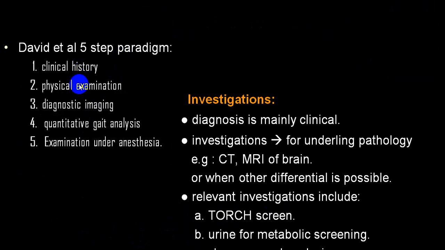Mainly clinical history, physical examination, and then you go for MRI or CT, and you can go for quantitative gait analysis, etc. So main common investigation is clinical, followed by CT or MRI of brain, and you can go for TORCH test during pregnancy, urine examination for metabolic disorders, and you can go for chromosomal analysis to find out the genetic defects.